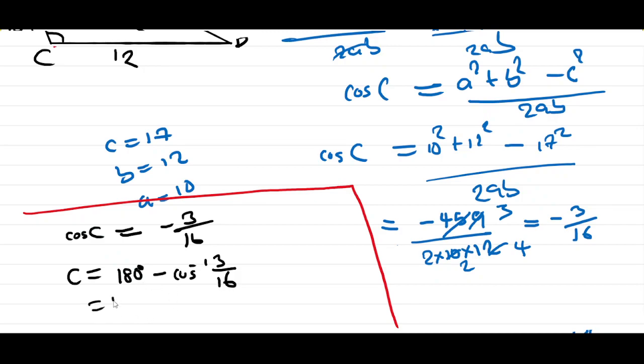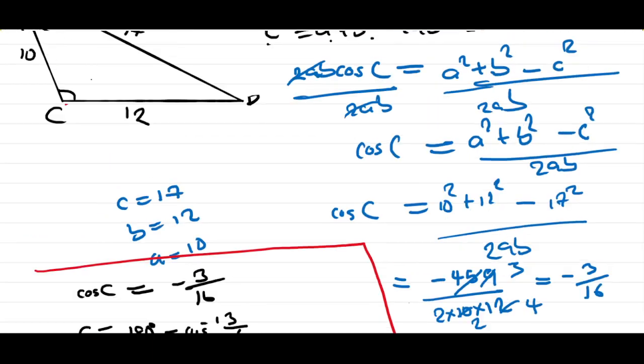So this is 180 degrees minus the cosine inverse of 3 over 16, which when you punch your calculator gives 79.2 degrees. So this equals 180 minus 79.2 degrees, which is 100.8 degrees.